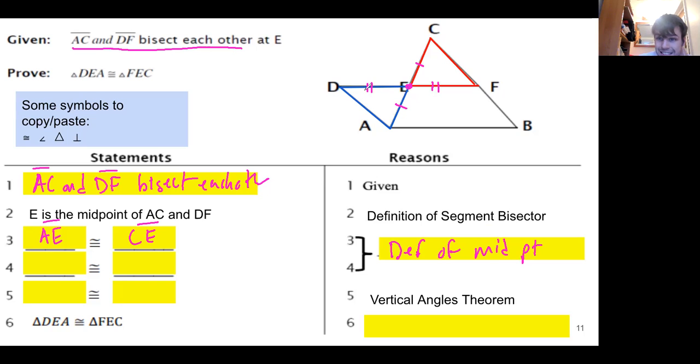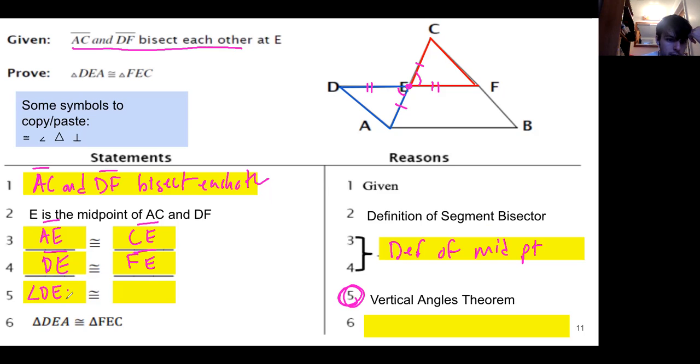And we also have that DE and FE are congruent. And that's the vertical angles theorem. The only vertical angles I see are right here across from each other. I do want to use 3 letters for these. So I'll call this one here angle DEA.